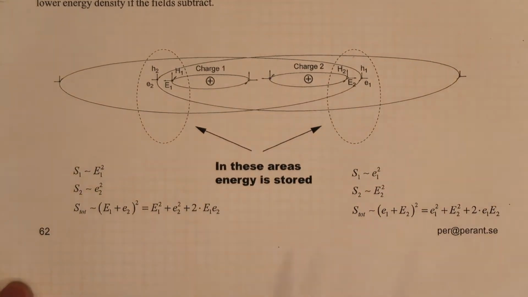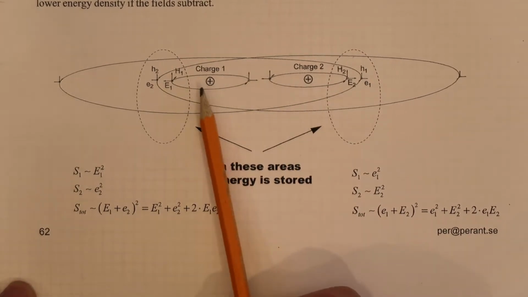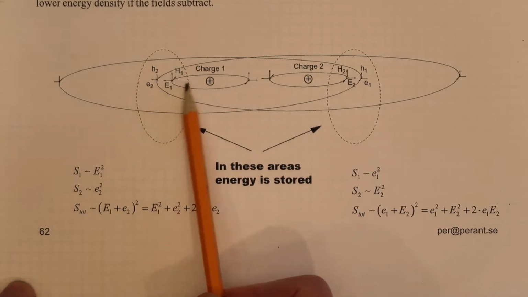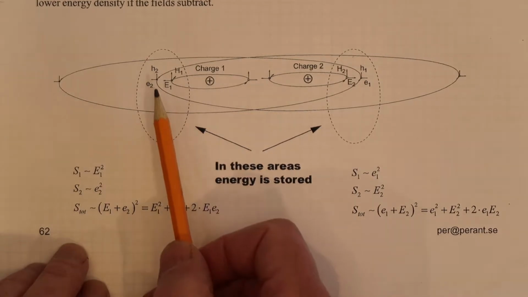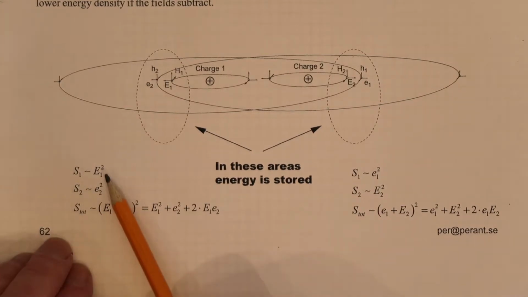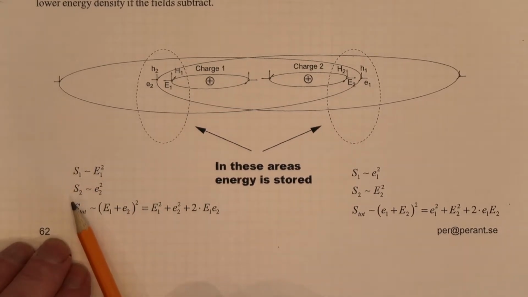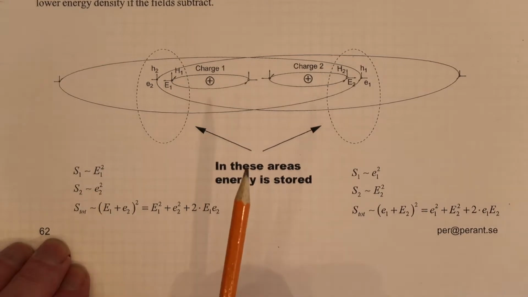If we bring the charges closer to each other, you see that in this area we have radiations from both charges. And the radiation intensity from one charge is proportional to the square of the electric field in that radiation, and the radiation intensity from the other charge is proportional to the square of the electric field in that radiation.